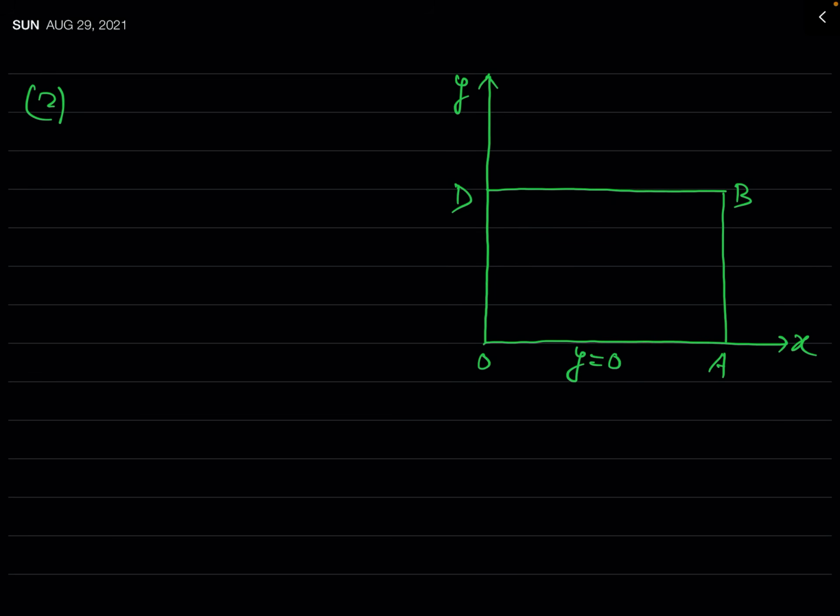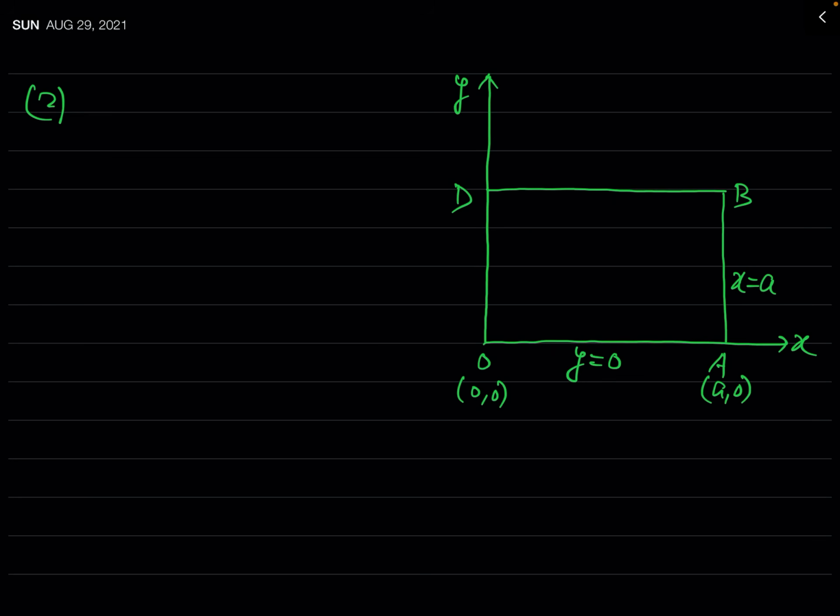AB will be defined by the equation x equal to a, because here the coordinates of point O are 0, 0 and that of point A is a, 0.